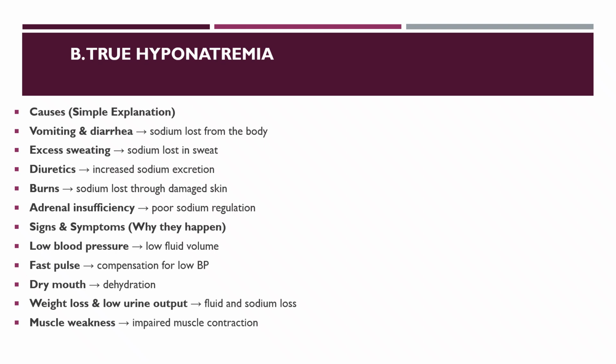Then we have weight loss and low urine output because you lose a lot of water, so the body tries to compensate for the water loss and reduces the amount of urine produced. You have muscle weakness, which is impaired muscle contraction, because we know that sodium also plays a role in nerve conduction, which helps in muscle contraction as well.